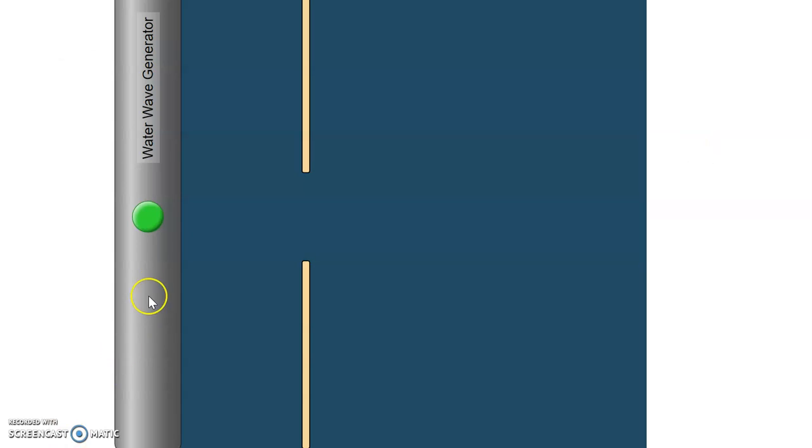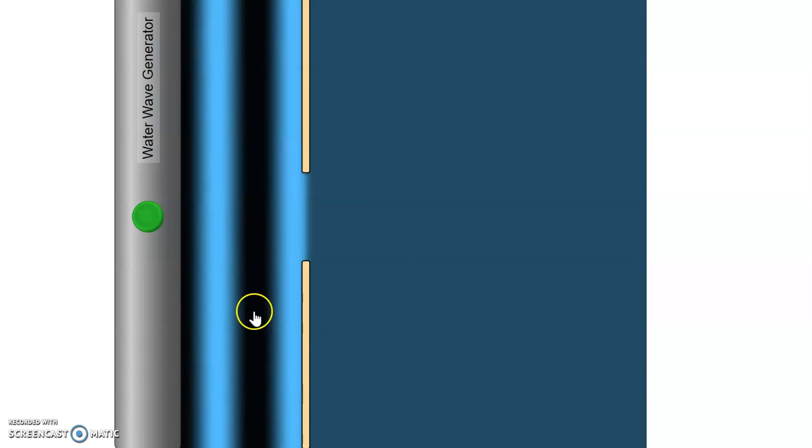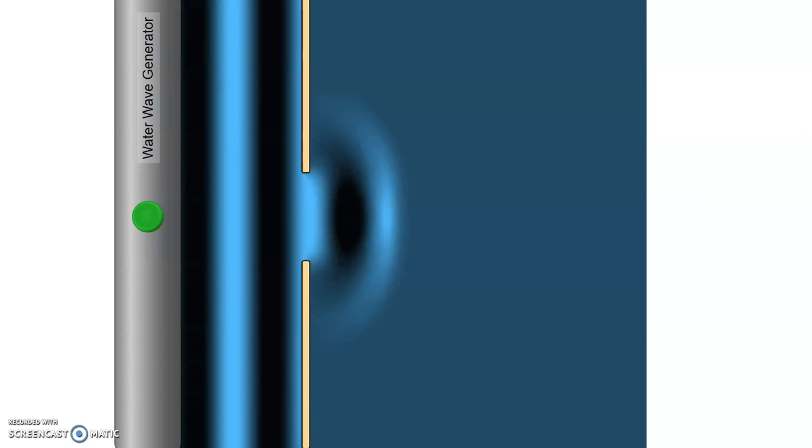So if you go back to our simulation, right now it is set up where the opening and the waves are about the same size. This size here is like a crest, and the black part is a trough, and that distance and that distance are about the same size. So this is set up for really good diffraction. What happens if I make the opening too small?